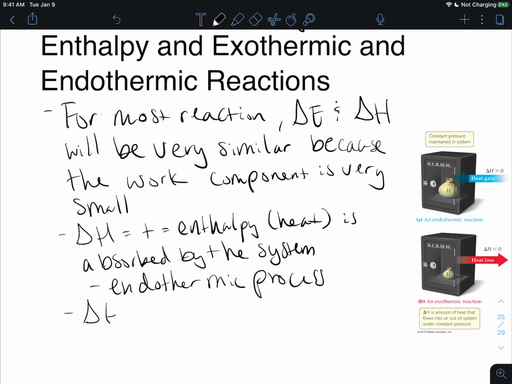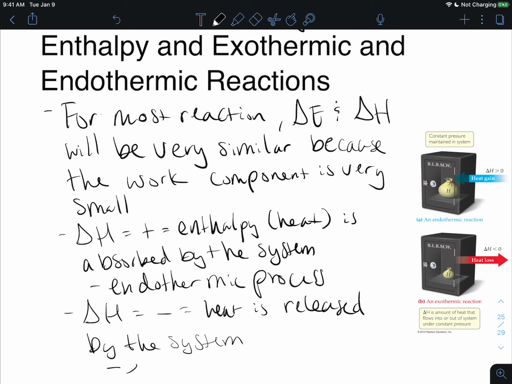If our delta H is negative, then heat is released by the system. And this is going to be an exothermic process.